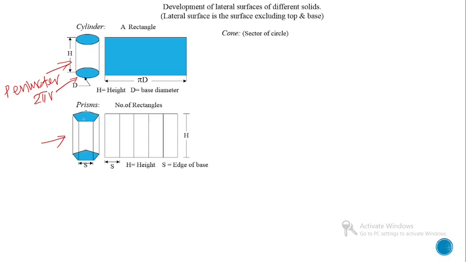If it is a 5-sided polygon, then s must be repeated 5 times. Then only we will get the complete development of the lateral surface. Actually, this is a combination of n number of rectangles, where n is the number of sides of the regular polygon.